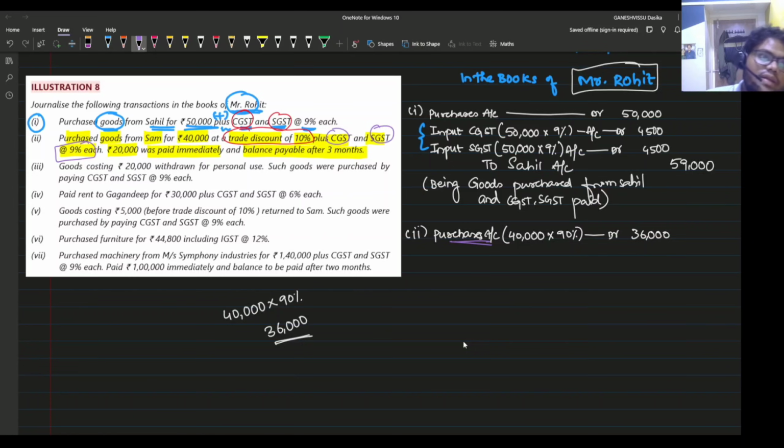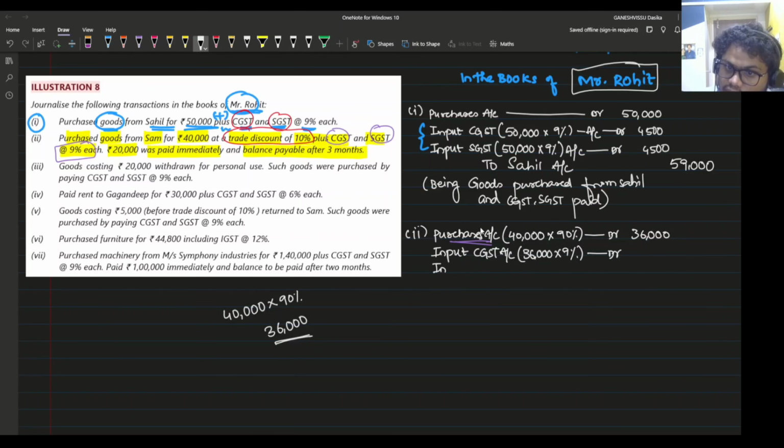So the purchases account debit and input CGST account, on 36,000 into 9%, debit.